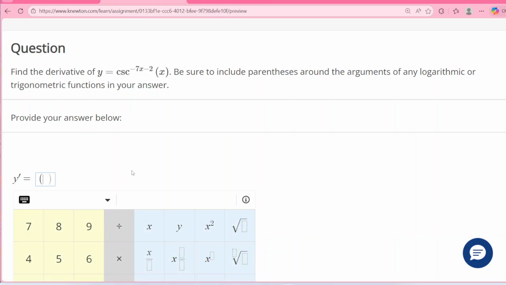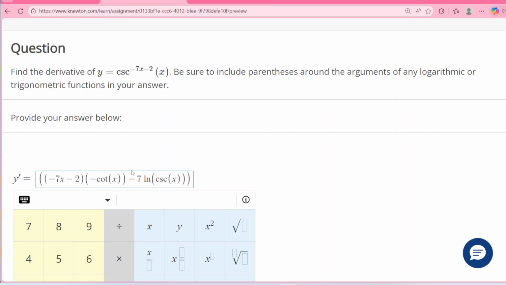Okay, so y prime equals, in parentheses, that entire side. The first term was the quantity negative 7x minus 2 times negative cotangent x, after simplifying. Then the second term was plus negative 7, so minus 7 times the natural log of the cosecant of x.